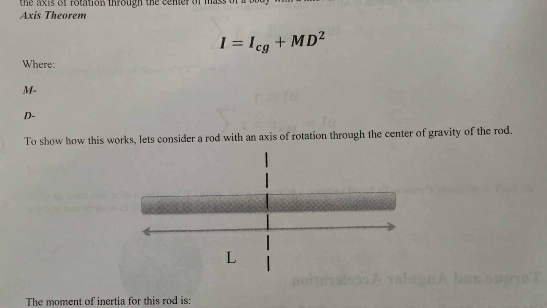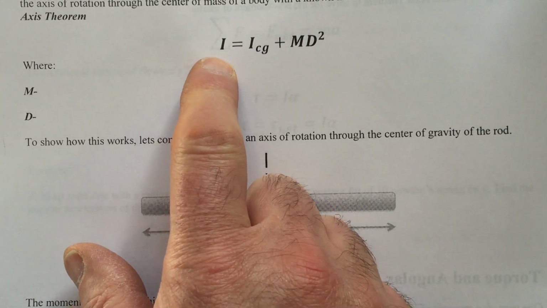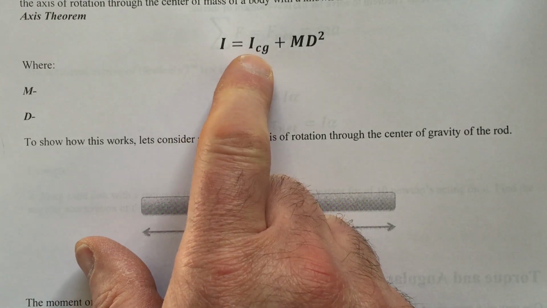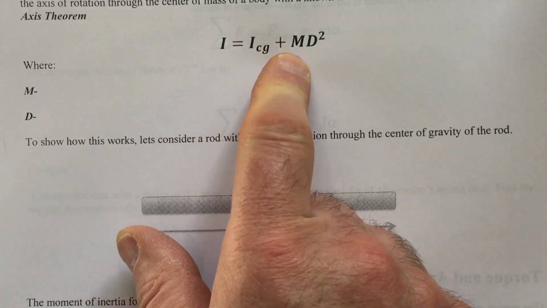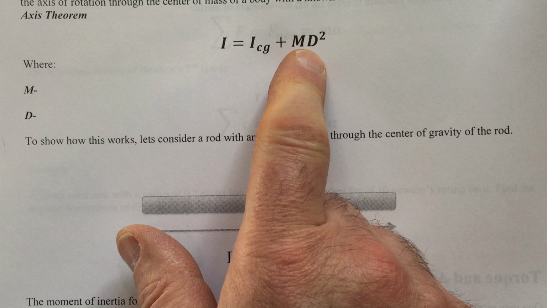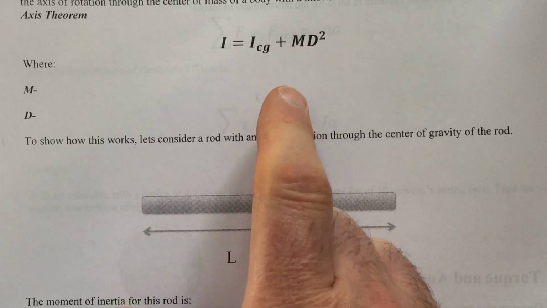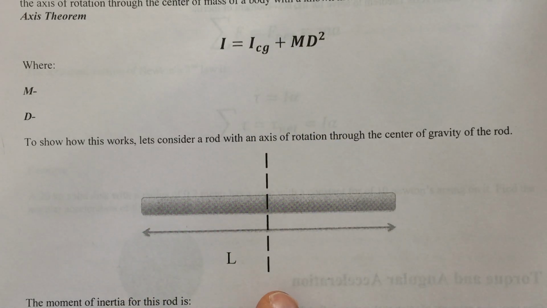And basically, it says this. Your new moment of inertia is equal to the moment of inertia going through the center of gravity plus the mass times the distance between where your moment of inertia through the center of gravity is and your new moment of inertia axis, which in this case we're going to use just a plain old rod.